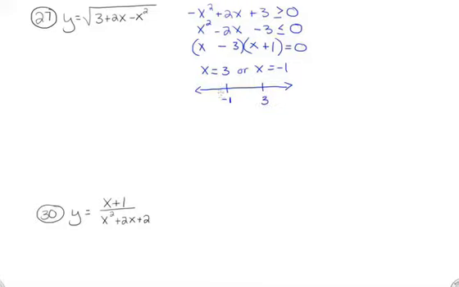So I put the numbers I found on a sign chart, but again, this time it's just the regular function. So I plug a number bigger than 3, so let's plug in a billion.